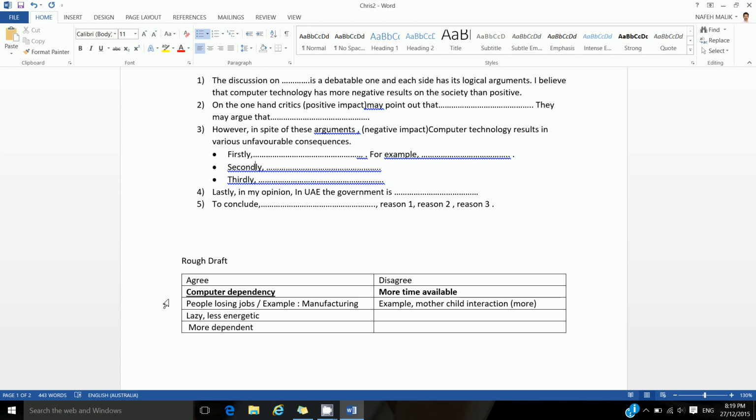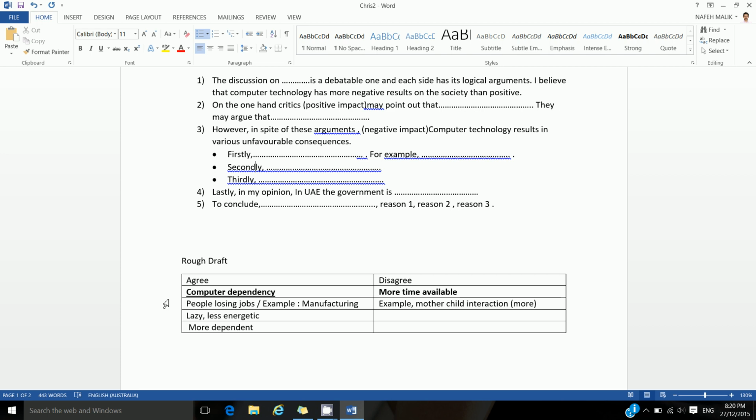They rely on computer technology to do most of the things, and they just sit over there because they don't have to do the majorly hard work. You don't need to give an example for each point. Like I said, you just give an example for one point, and we have mentioned that earlier, that is the manufacturing part. And then thirdly is that people are becoming more dependent.